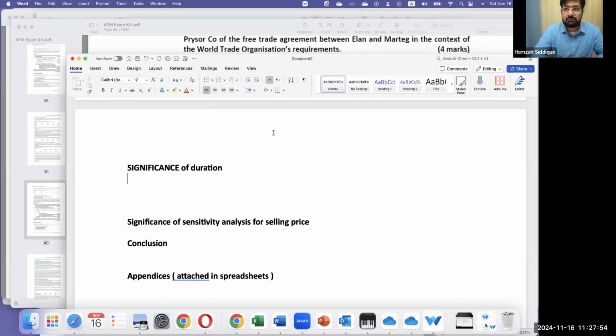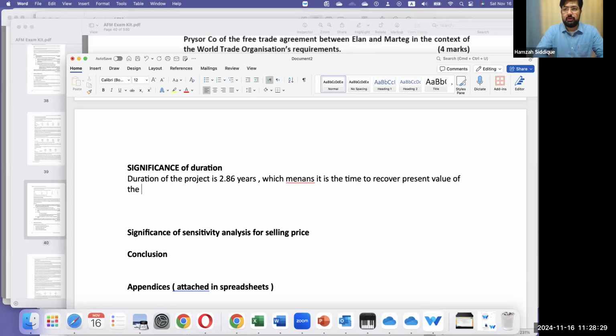Now, so here we will write that duration of the project is 2.86 years, which means it is the time to recover present value of the project.